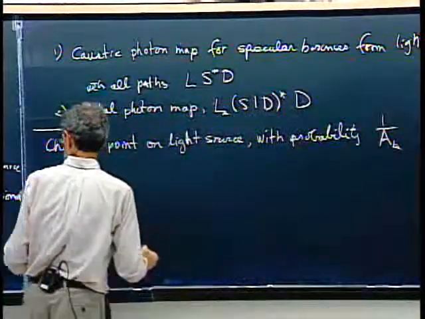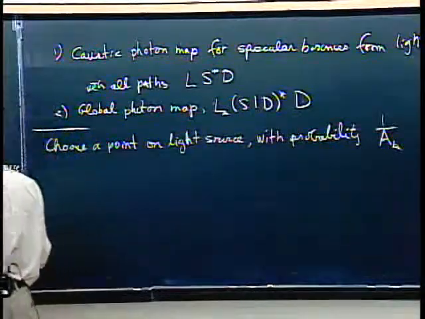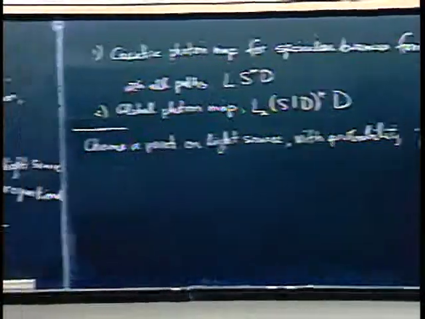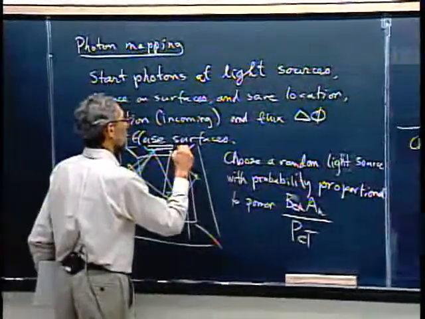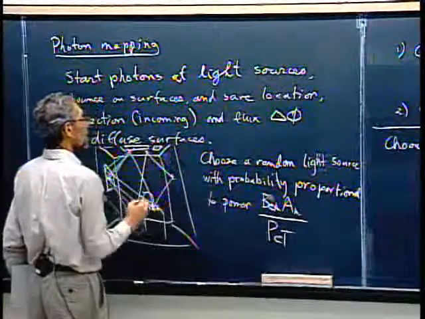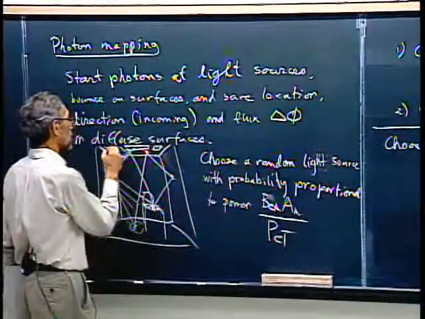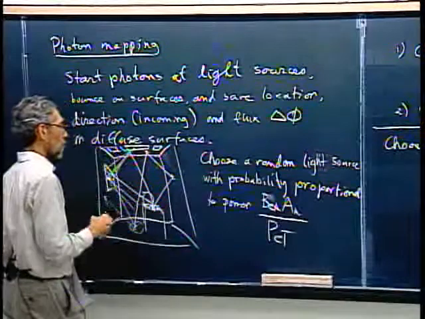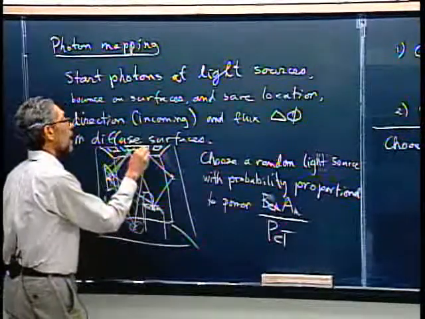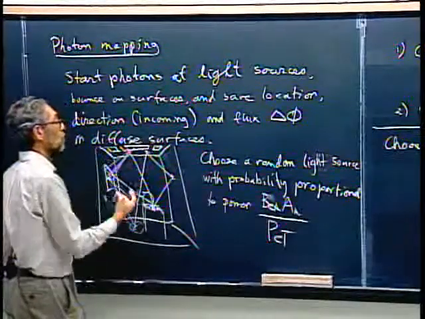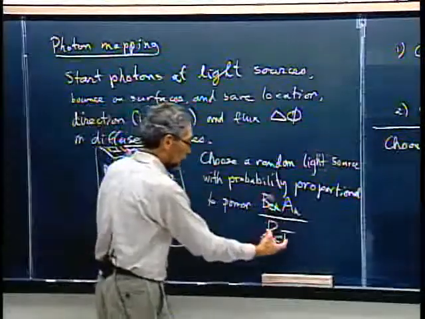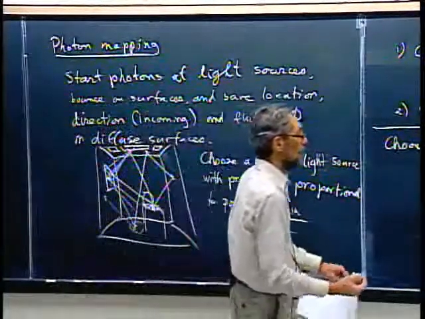So if we ask, what's the probability of getting a light source point on this light source, maybe there's another light source up here somewhere, two smaller ones and a bigger one, we'd have to multiply this by 1 over that.